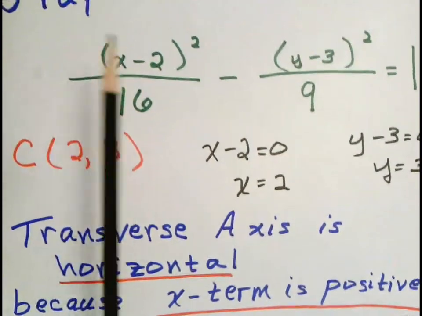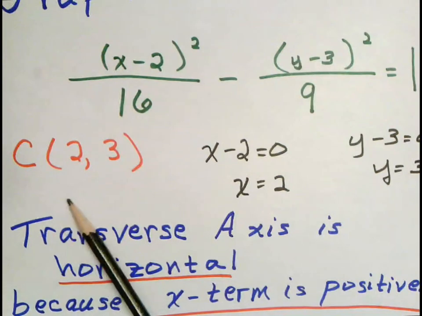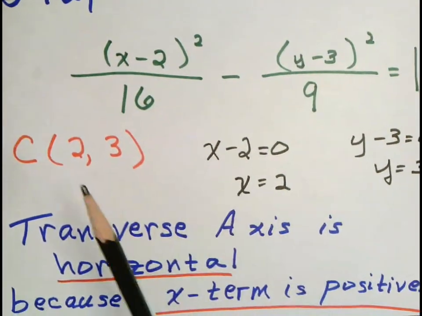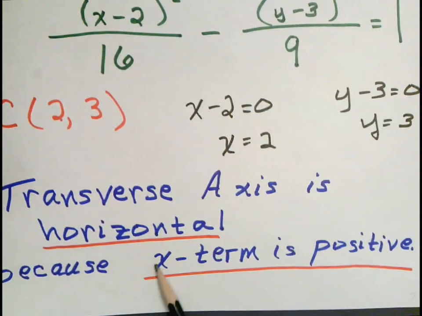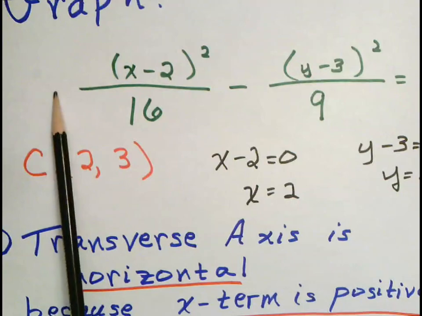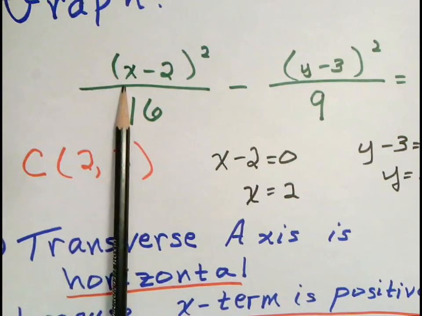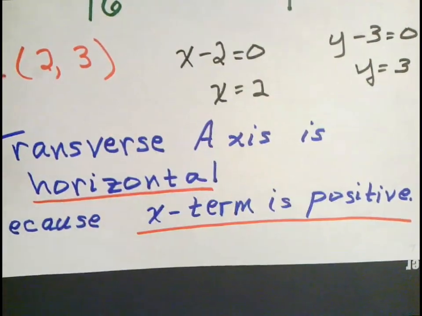Or again, you could remember to take the opposite of these two numbers right here, and the center is 2 comma 3. And the transverse axis is going to be horizontal because the x term is positive. See, there's a positive sign understood to be right here, and it's by the x variable, and x moves left to right, so the transverse axis is going to be horizontal.